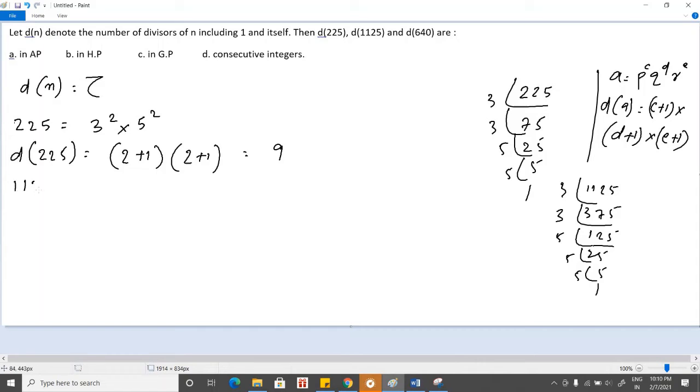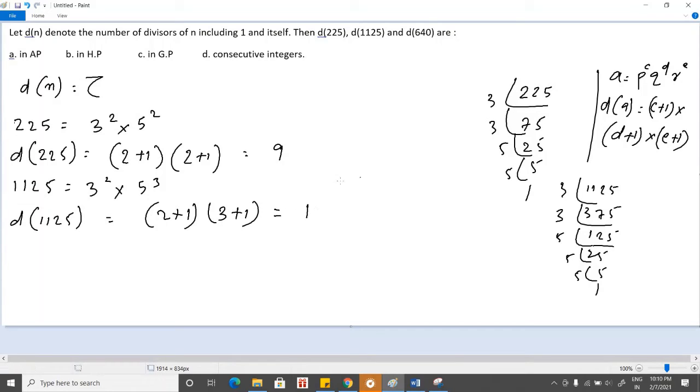Therefore we can write 1125 as 3 to the power 2 into 5 to the power 3. Therefore D1125 will give us 2 plus 1 into 3 plus 1, that will give us 12. So there are 12 divisors of 1125.